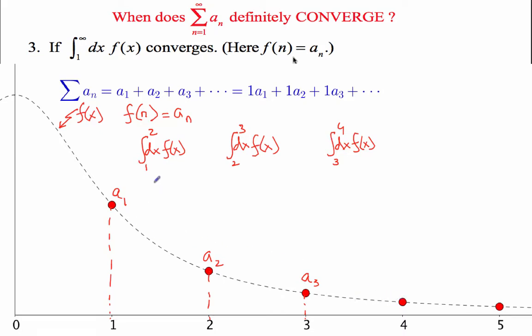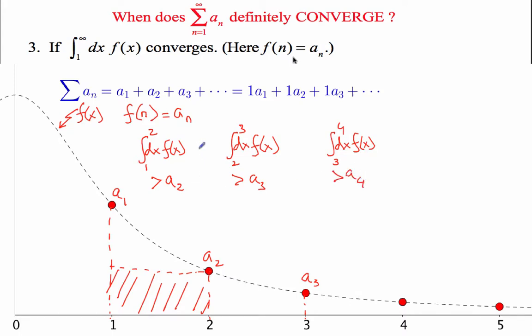Now, let's also look at the following. This is height a2 and this is width 1. So this area that I'm shading in is a2. And this area from 1 to 2 also has this portion. Hence, the integral from 1 to 2 of f of x dx is greater than a2. That's pretty clear. Similarly, this is greater than a3, this is greater than a4, and so forth.